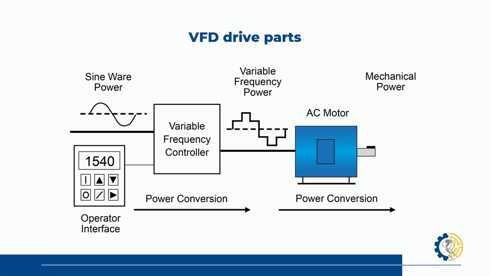What for? So that in the end we have mechanical power. Okay, we need to move this arrow to the end. So these are its characteristics. And now this is where we have our operator interface, or our display, so that we can control our parameters, etc., etc.